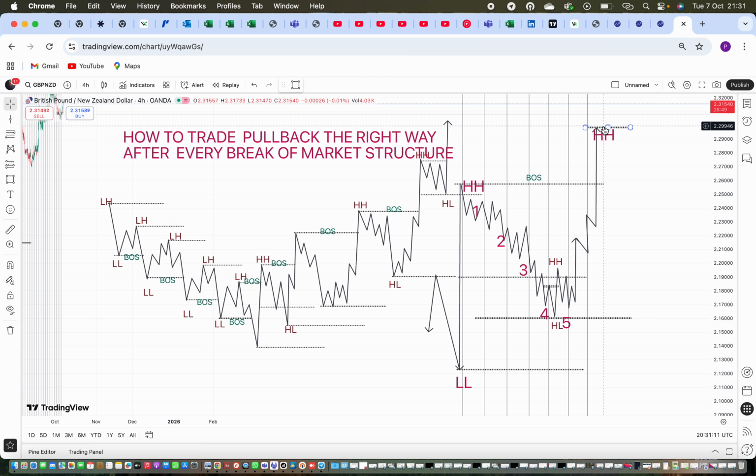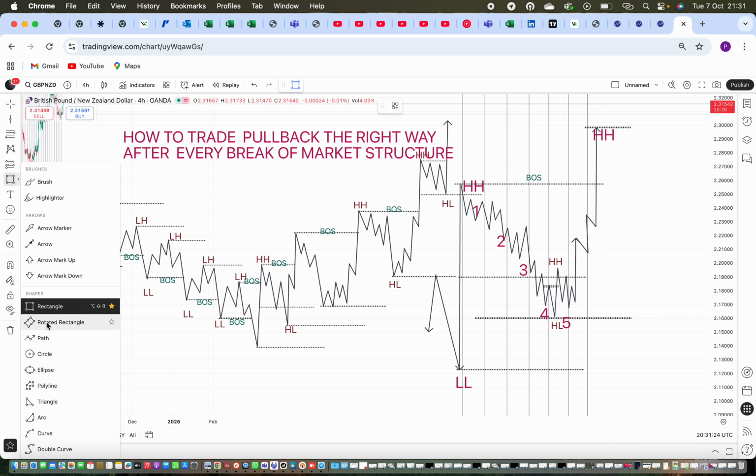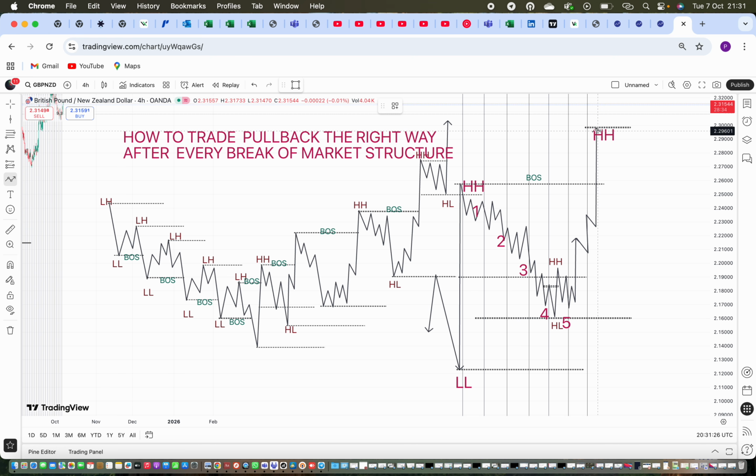So after this major break of structure again, we can safely say we want to see price give us another pullback. All right, which we are still going to be expecting price to trade, so maybe somewhere this level.